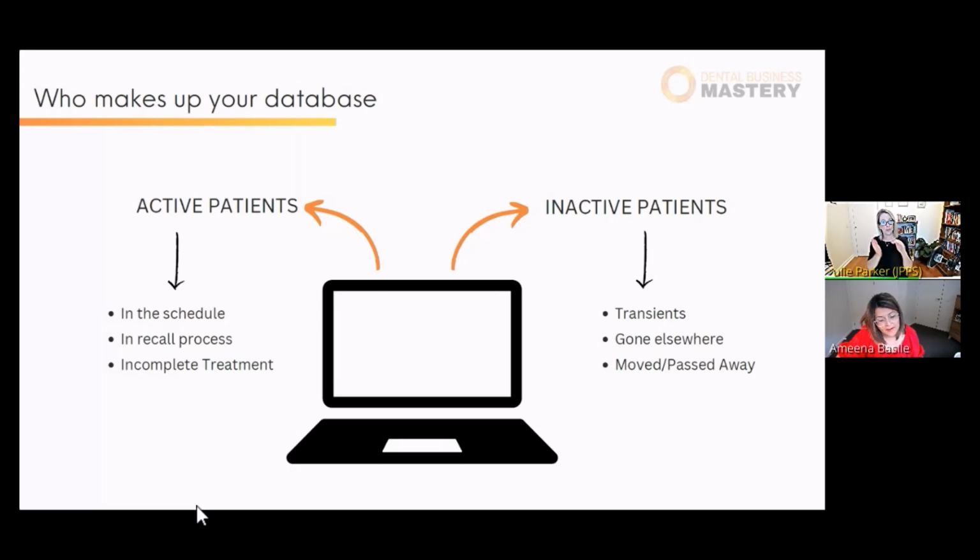For some reason, they've dropped off the recall list. For some reason, they're not booking in for their incomplete treatment. For some reason, they have gone somewhere else. And so before we start casting our eyes outward, thinking we just need to do more marketing to bring more new patients in, we want to cast our eyes inward and say, well, what have we already got that we're missing out on?